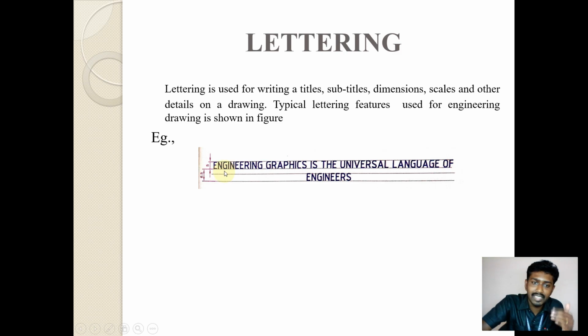And if it is exceeding one line, the next line spacing should be maintained at 1.5. You can see here, right? Fine. And then you should not use any kind of stylish words. Just a stroke letter is more than enough, okay. Stylish words are prohibited here in engineering graphics, and the letters should be very legible, okay.